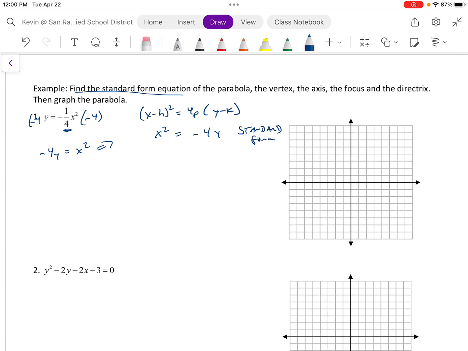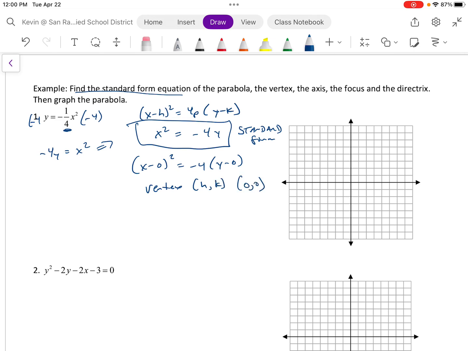Now, just for kicks, I'm going to write this out. This is good. This is standard form. Since nothing is added or subtracted to x or y, that's because we're at the origin.